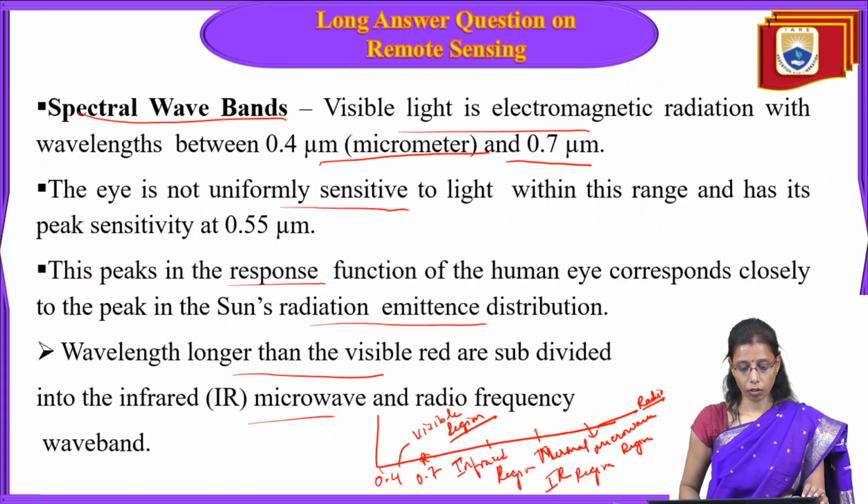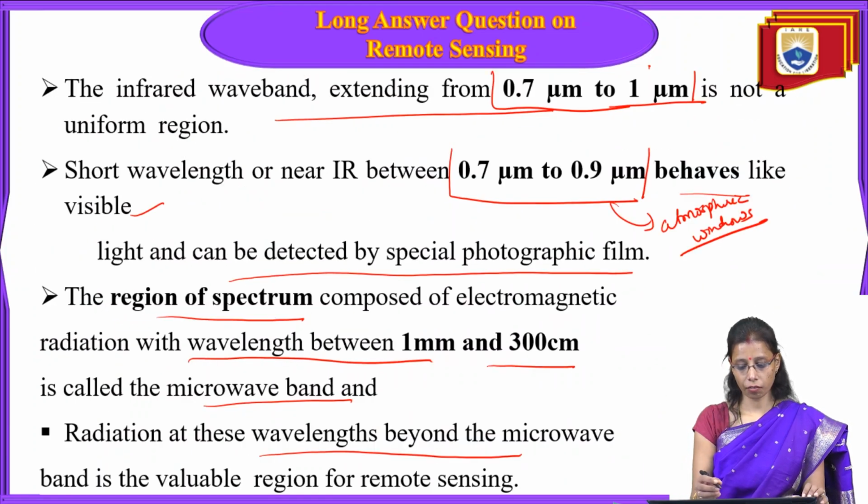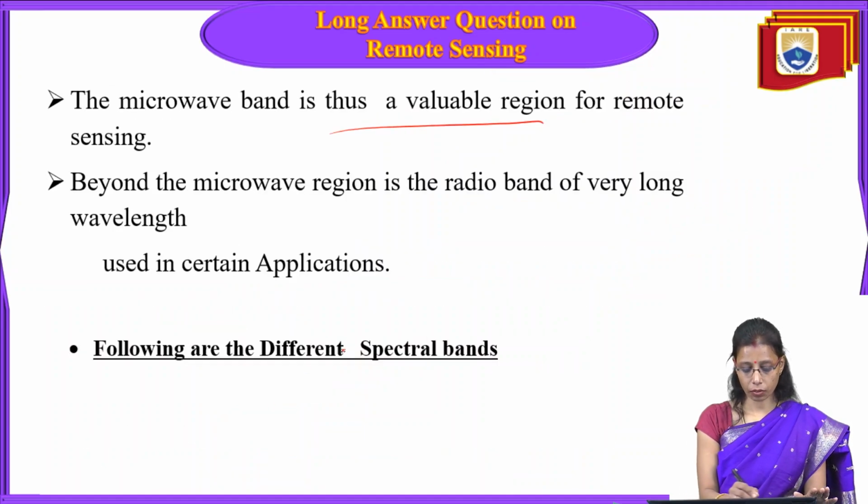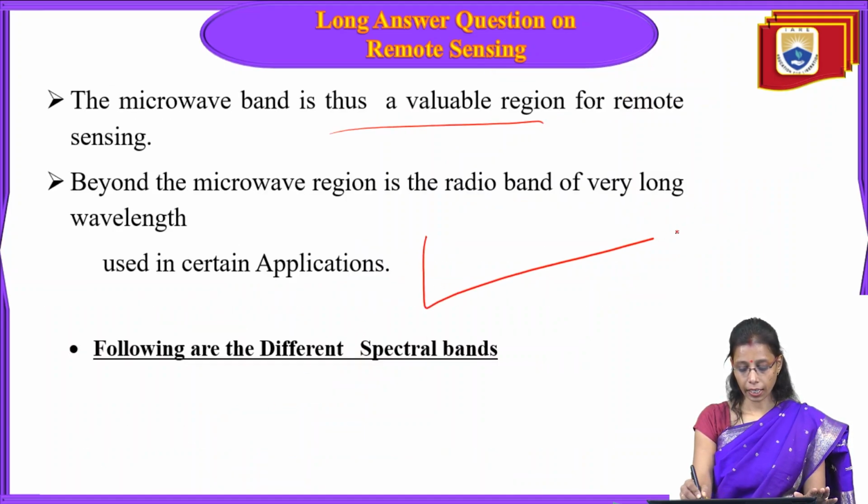Okay, so here we have the visible range that I told you about. This works for passive and active remote sensing, as I told you before. Passive and active means, suppose we take the range 0.4 to 0.7.